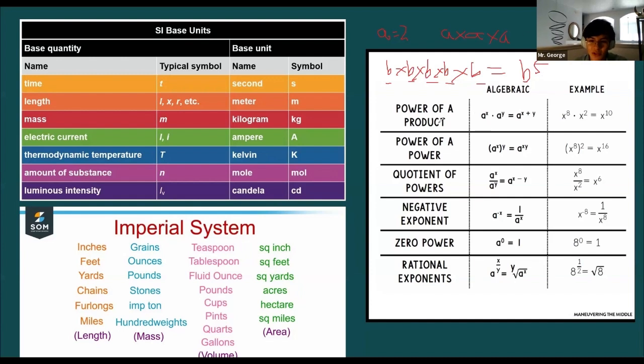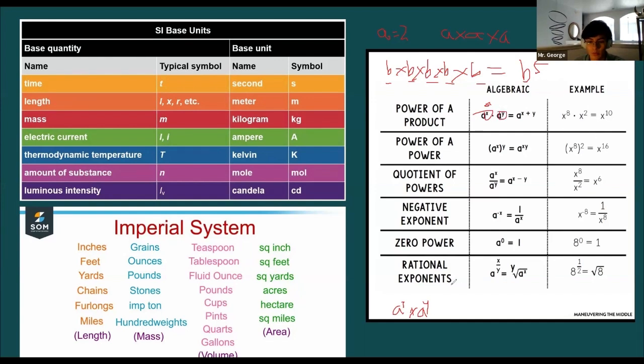So this is the power of a product. If we have A to the power of 3 times A to the power of 4, the answer is going to be this power plus this power.